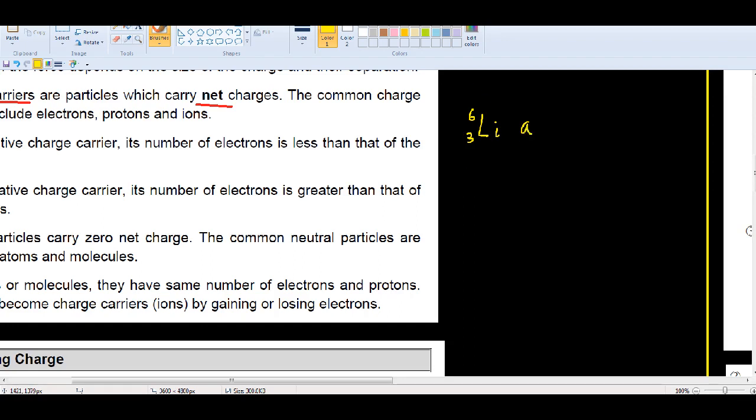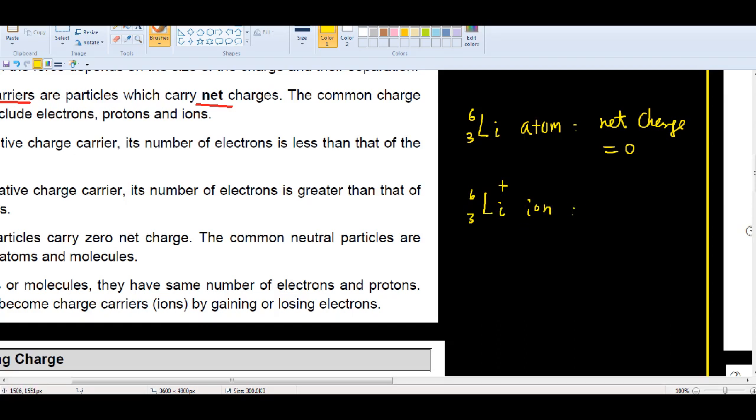If that's a lithium atom, the net charge is 0. That doesn't mean lithium has no charge inside, but the total charge of the electrons and the total charge of the protons are balanced, so you don't see a net charge. But if lithium loses 1 electron, it becomes a lithium plus ion.